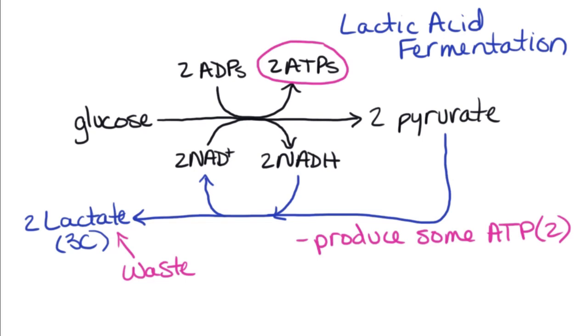And another thing that's very important with these steps that are shown in blue here is that these are going to regenerate the NAD+. This is an important step because NAD+ is a reactant for glycolysis. And if we do not regenerate the NAD+, then glycolysis itself would stop. And if that were to happen, that would eliminate the possibility of even making those 2 ATPs.